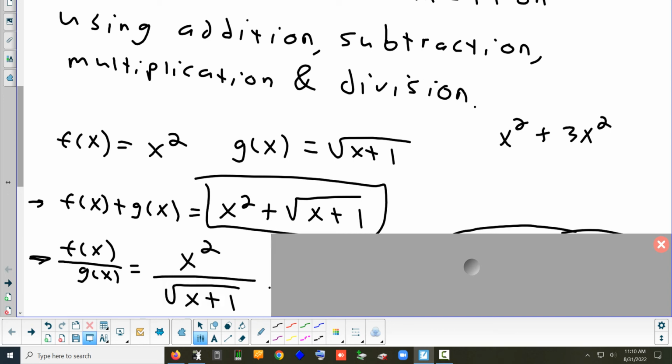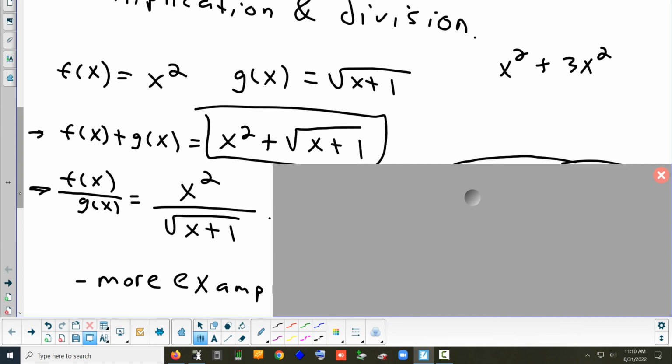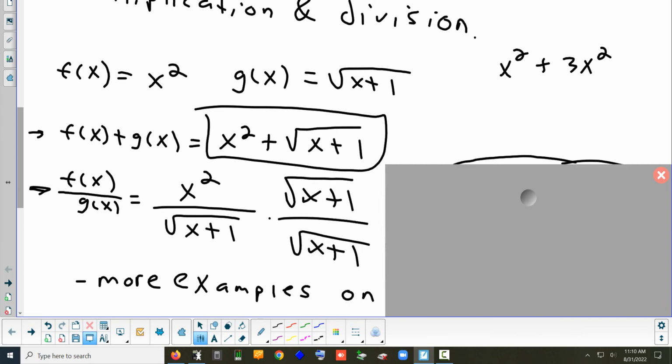Yes, it's literally that. Now we just have to be careful because this is another rule: we can't leave a square root in the bottom. What we could do to fix that is called rationalizing, by multiplying the top and the bottom by the square root.